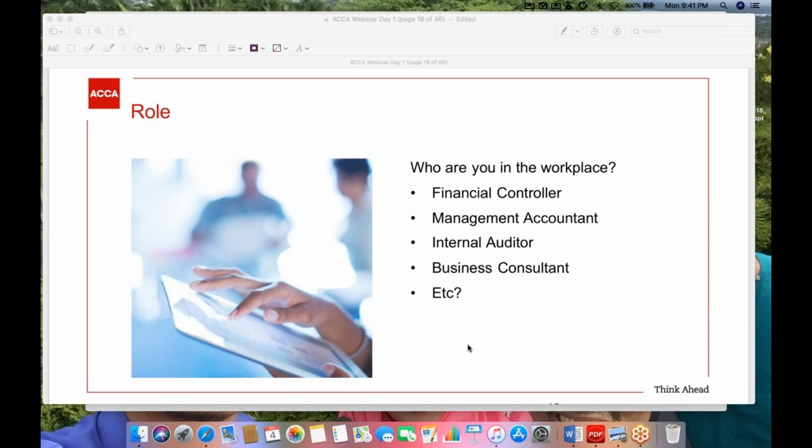All right. So basically, you need to know what this financial controller does. Some people call them a comptroller. They lead accounting executives in an organization.